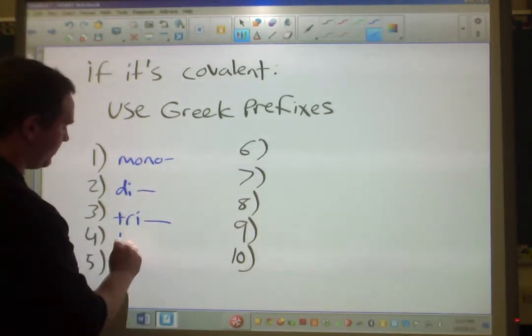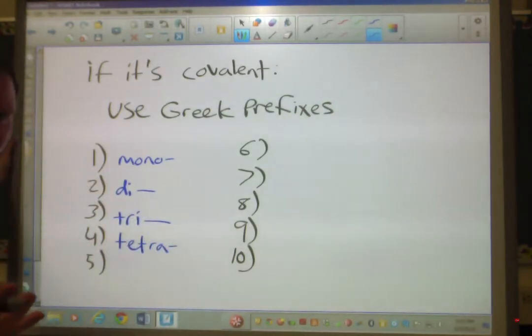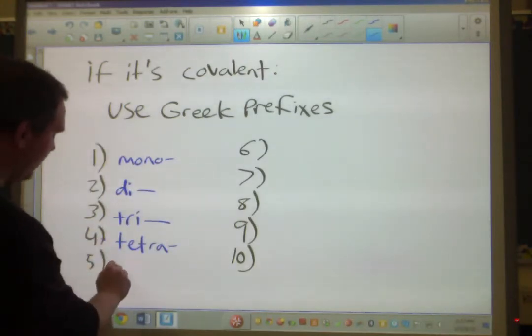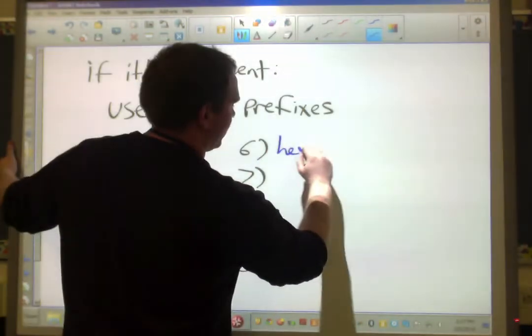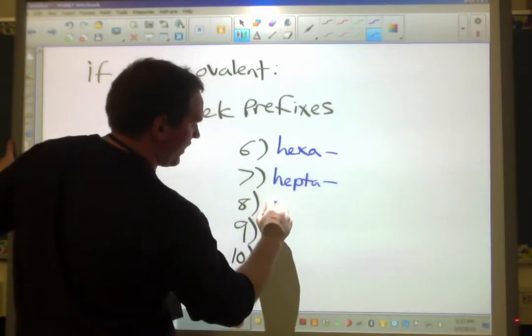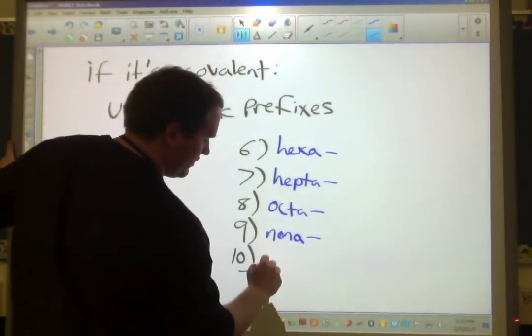Tri. Tetra. If you have trouble remembering tetra, think back to Tetris, if you've ever played. Every shape in Tetris has 4 blocks. Tetra. 5 is penta. 6 hexa. Hepta. Octa. Nona. Deca.